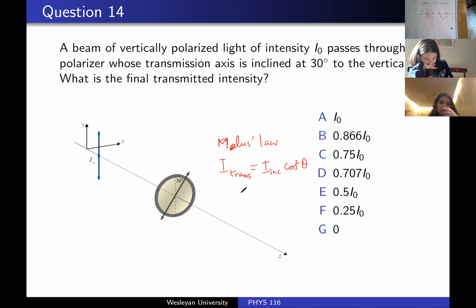The theta here is the angle between the polarization axis and the transmission axis.